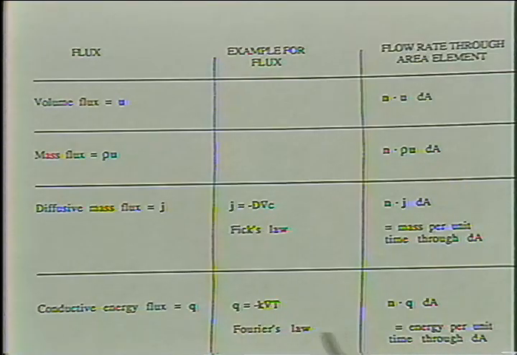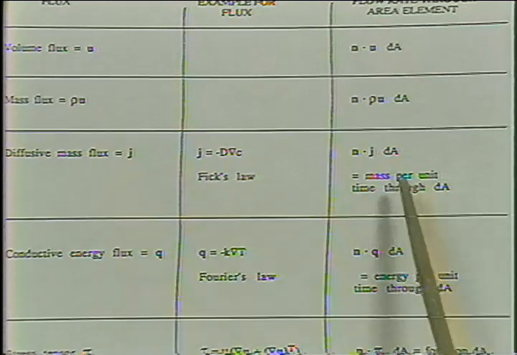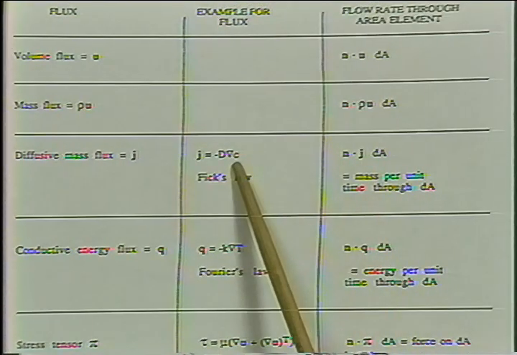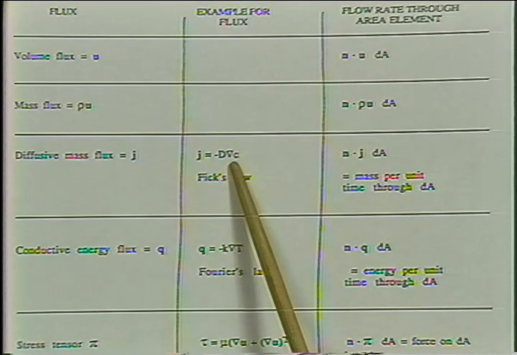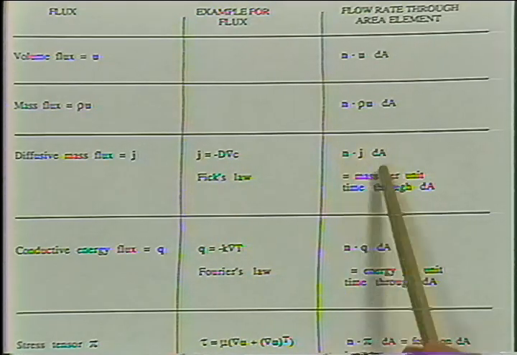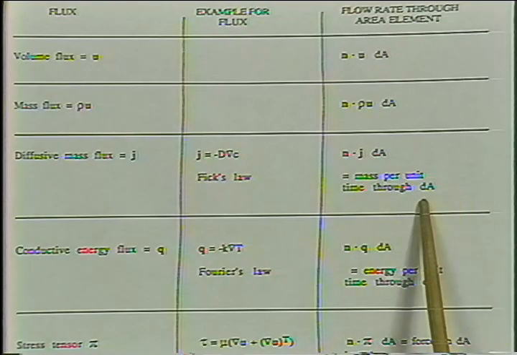And you could derive similar expressions for the diffusive mass flux as J is related to the local concentration. This is used in mass transfer, and it's projected onto n. And again, this is the mass per unit time moving through dA.